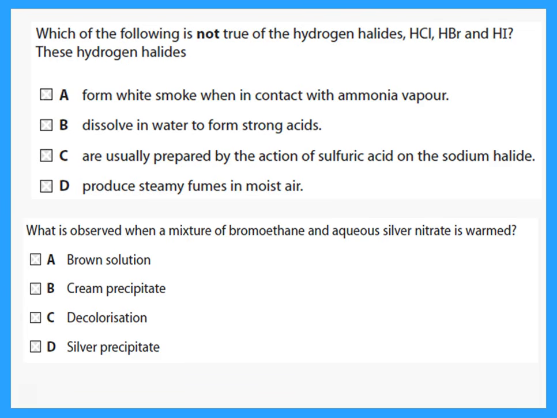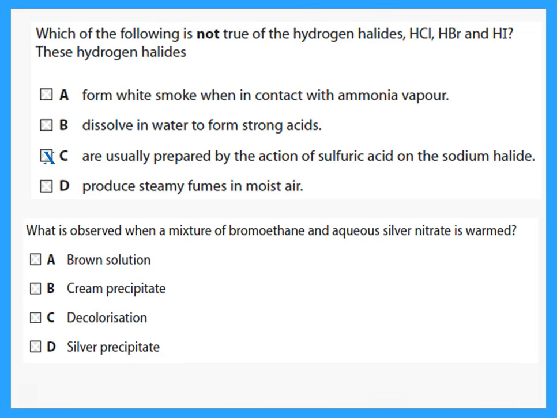Are usually prepared by the action of sulfuric acid on sodium halide? That would not be true because HCl does not react further with the sulfuric acid, but HBr would reduce the sulfuric acid, and HI would react again. So I cannot use this reaction to prepare hydrogen halides.